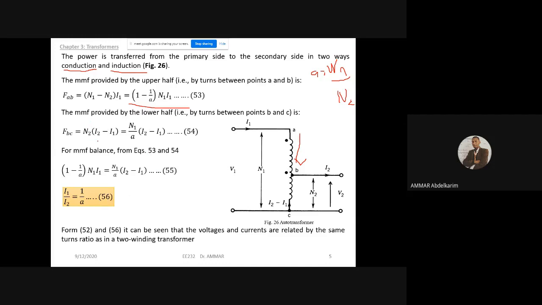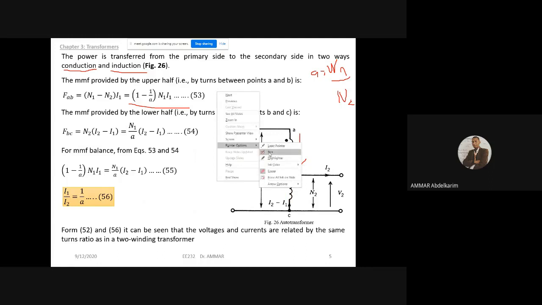In the lower half, between B and C, the MMF equals what? It equals N2, the number of turns between B and C, times the current. The current flowing in this coil is in the opposite direction, because here we have an induction.